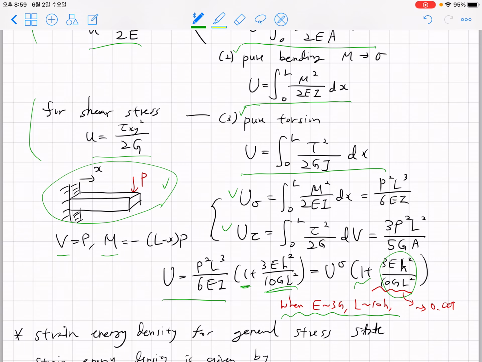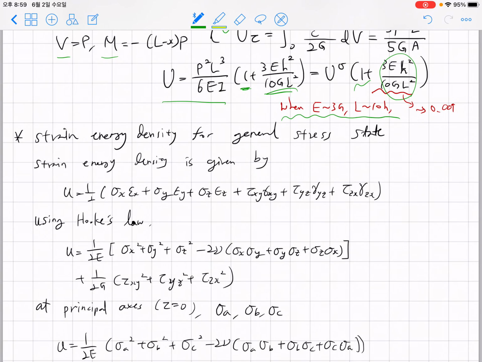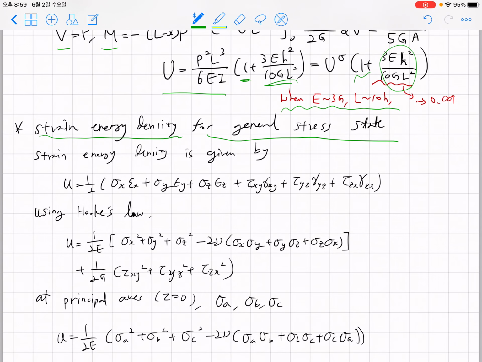After we discussed this relatively simple loading problem, we considered the strain energy density for a general stress state. As I told you, we have six independent stress components, 3 normal and 3 shear. In terms of the product of stress and strain, we can write down strain energy density in this way, with a total of 6 terms.